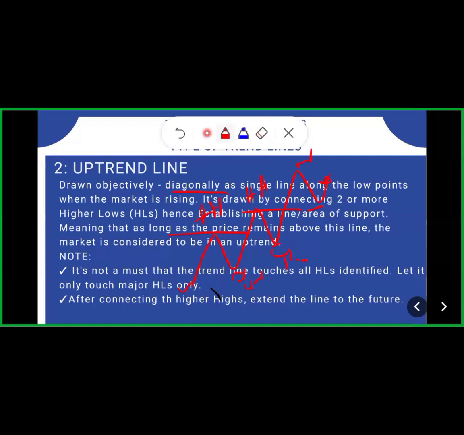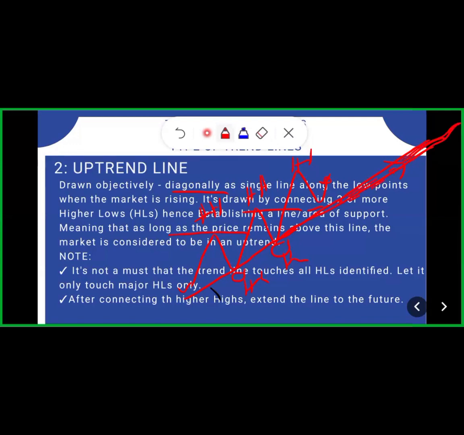What you're going to do, you will connect these two like you have done, then the line is going to be extended to the future. You have to make it longer. Let it surpass the market price. Let it go past the market price, because you are interested in seeing how price is going to continue faring on your support line.